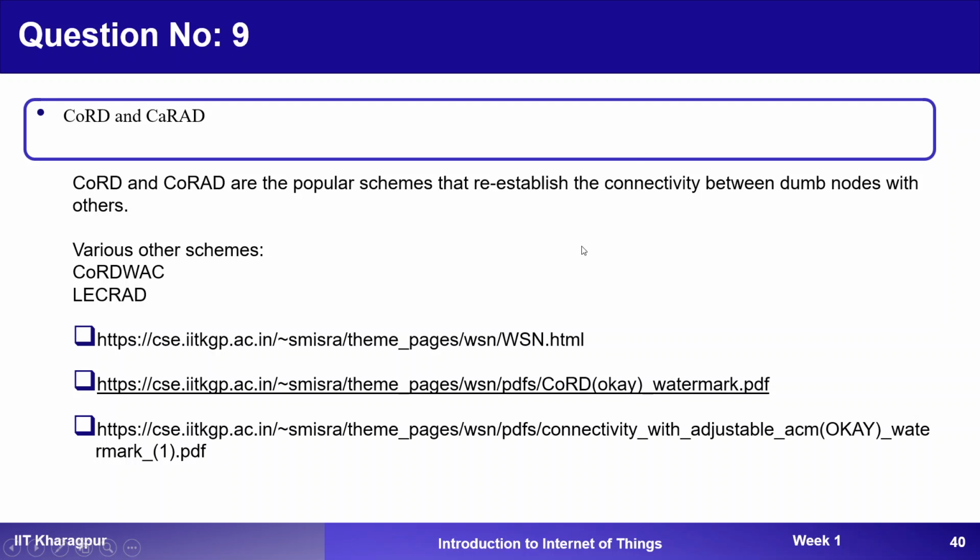There are various other schemes also, for example WAC, LEC, RAD. These are basically papers in which various schemes are proposed by various authors. You can go through these papers using the links I have given. The first two links are for CORD and CARD, whereas the third link is for all the various schemes which can be used to re-establish the connectivity between dumb nodes and others.